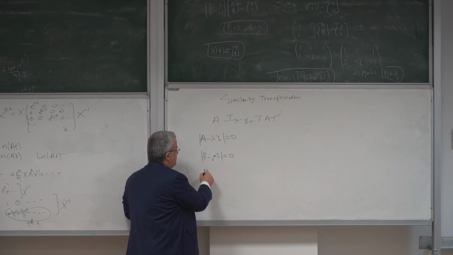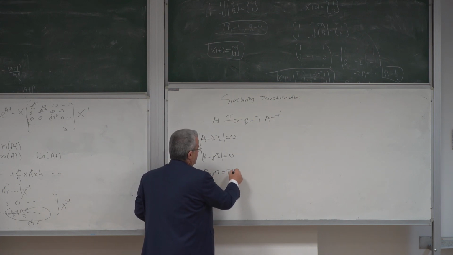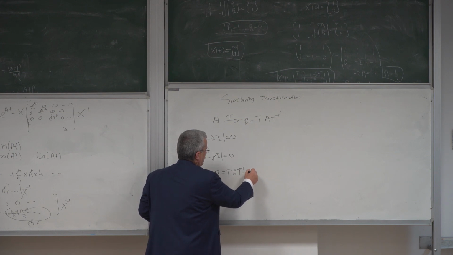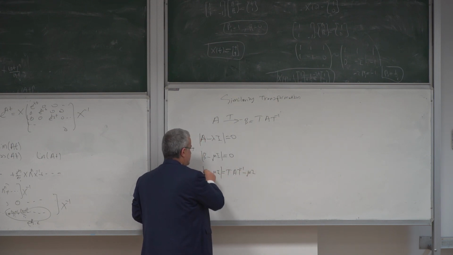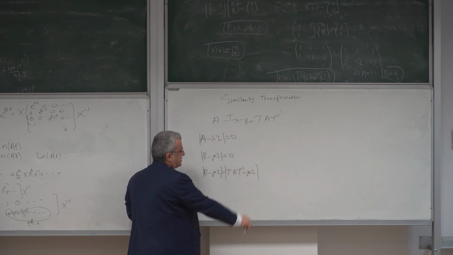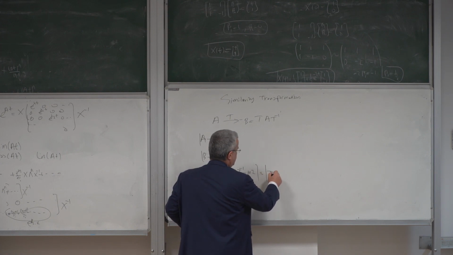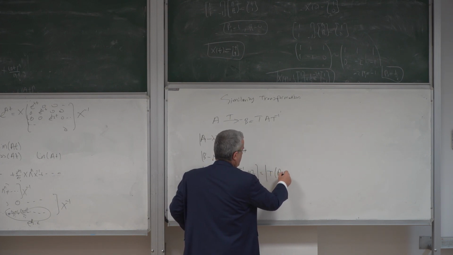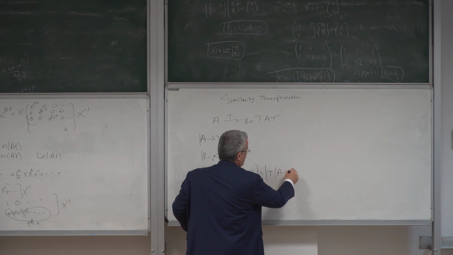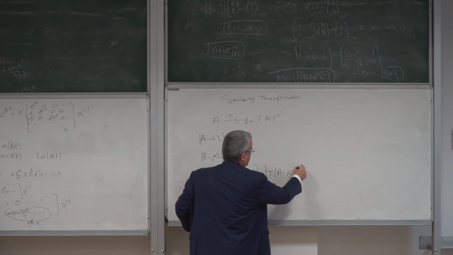So B minus mu I is equal to what? T A T inverse minus mu I, right? Determinant. So since this is just an identity, I can do the following: T times A minus mu I times T inverse.